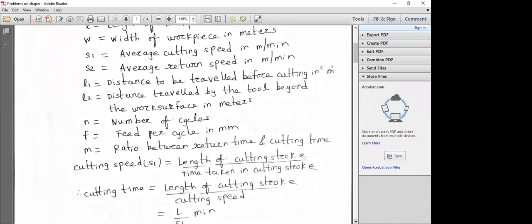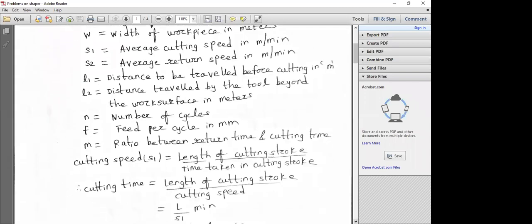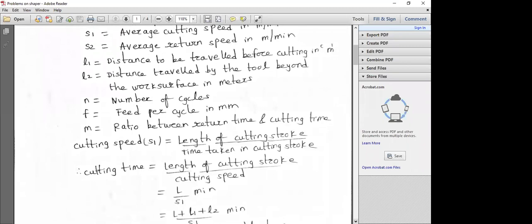All these are very much necessary. What is the length of cutting stroke? Already we have predefined, it is capital L. Beware of the capital letters and small letters, because you have to use capital L, small l, L1, L2. You have to know what parameters we predefined. So cutting time is equal to length of cutting stroke L by cutting speed S1.